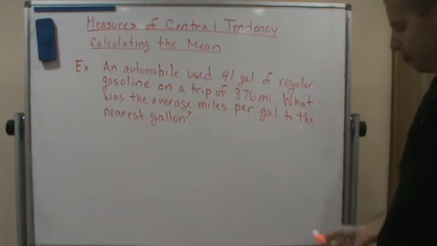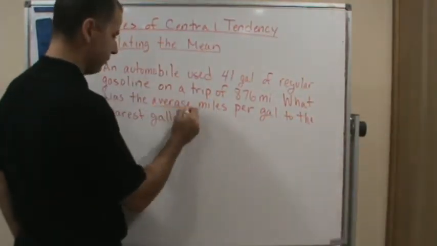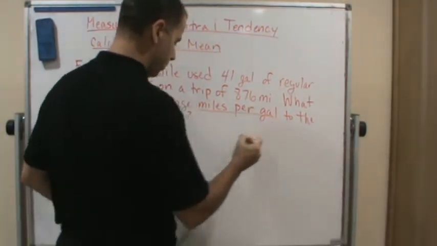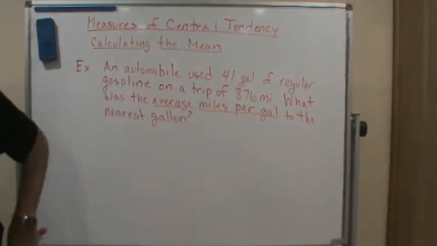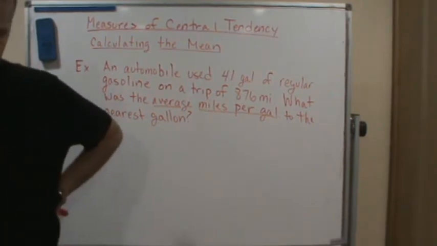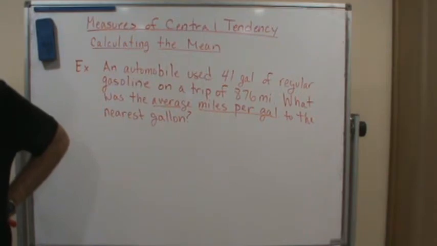Notice that it's average, right? We want the average miles per gallon. So in this word problem, we don't always have to add up a data set. Remember, the average would be the total amount.